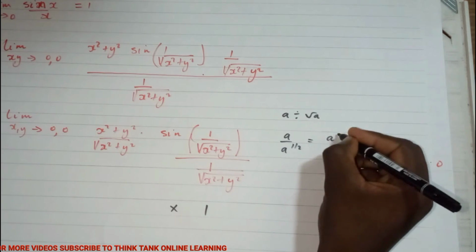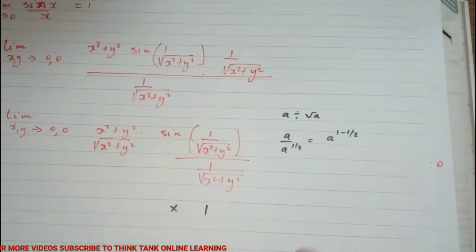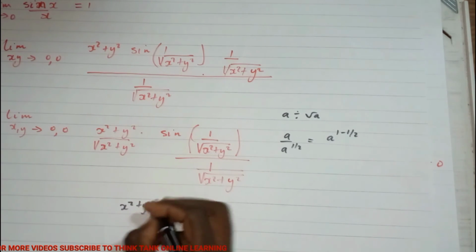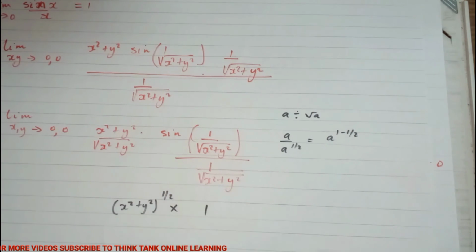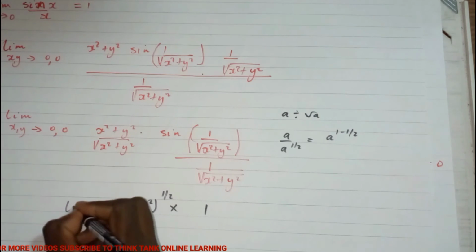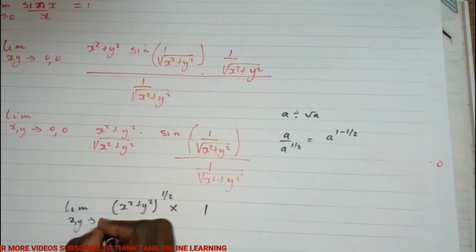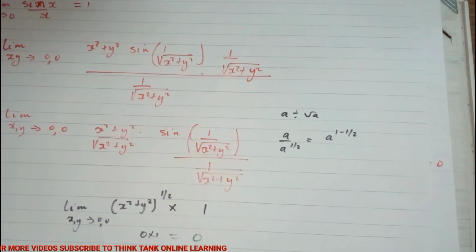This is the same as saying a to the power 1 minus 1/2. So we're going to say (x² + y²) to the power 1/2, limit as (x,y) approaches (0,0). And if we plug in (0,0), we no longer have a denominator, you no longer have a fraction. We're going to get 0 times 1, and the limit is still 0.